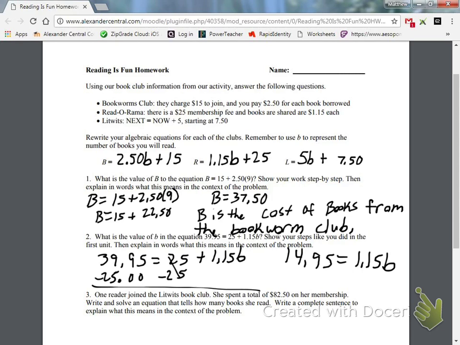For B? Yeah. Okay. So now we're trying to get rid of the coefficient. That's the number in front of B. And we're going to divide, right? Yep. Divide by 1.15. And we get B equals what? 13.